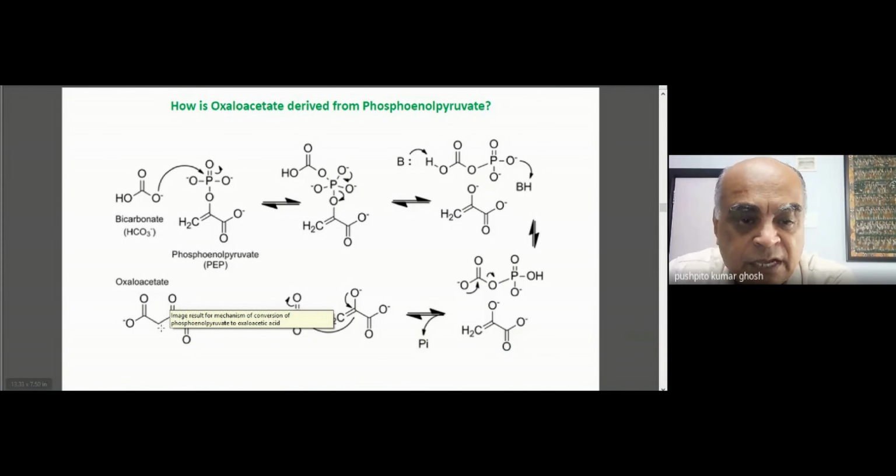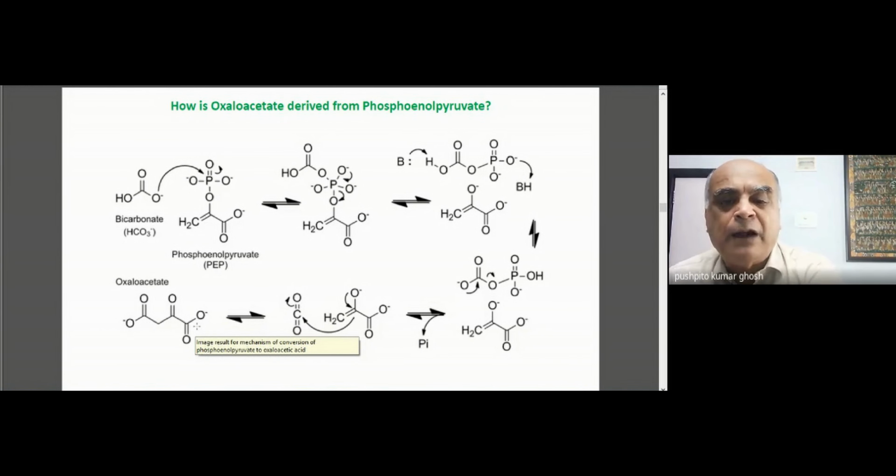This one went and bound to the carbon dioxide, and so this part has come from the carbon dioxide, and so now it is a 1, 2, 3, 4 carbon entity, and that is known as oxaloacetate.